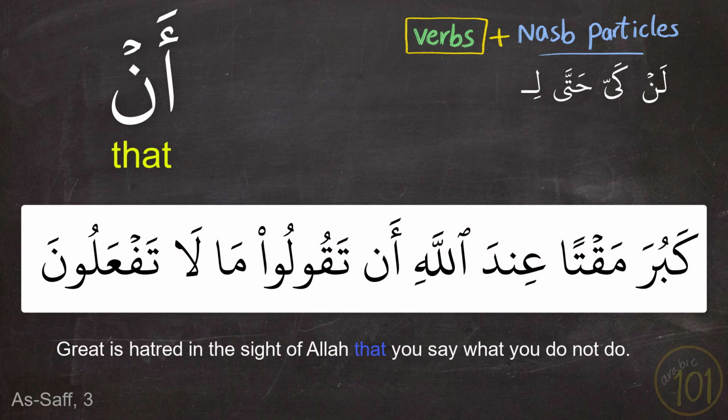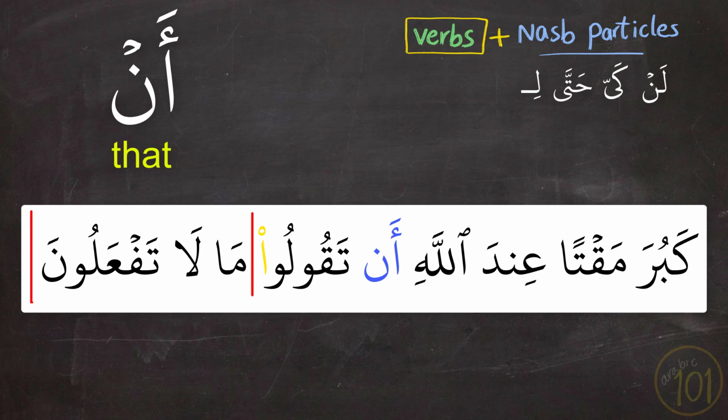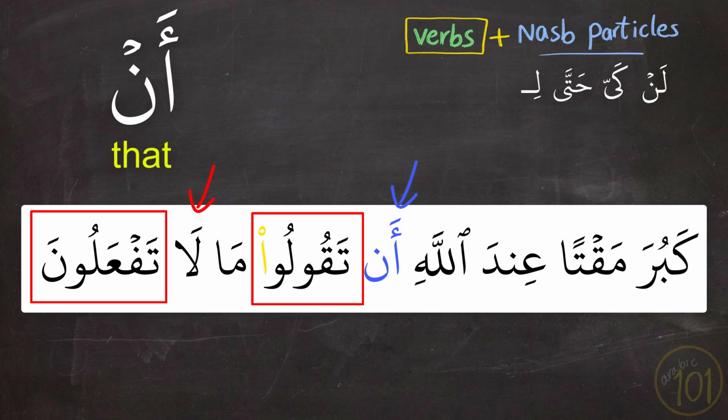كبر مقتا عند الله أن تقولوا ما لا تفعلون. We notice here that both of these verbs are present verbs, but they have different endings. The difference happens because one is preceded by an, and the other was not preceded by a nasb particle.